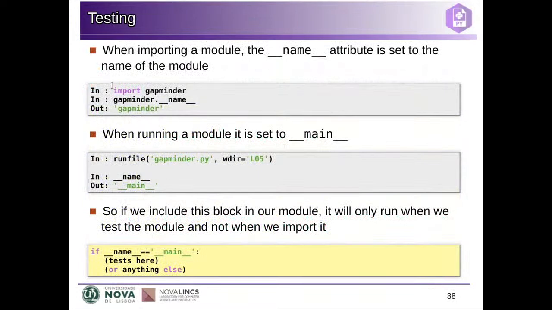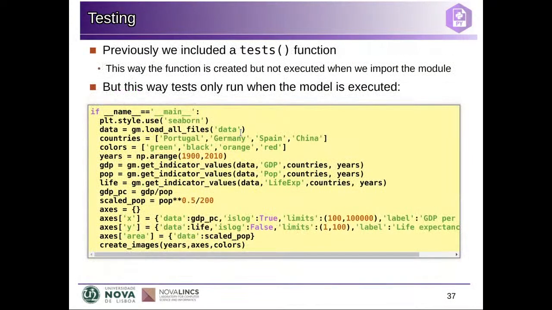So if we import the Gapminder module, then the name of the module will be Gapminder. But if we run the module, the name will be main. And so we can put all the tests by checking the condition to distinguish whether this module is being imported or it's actually being run.